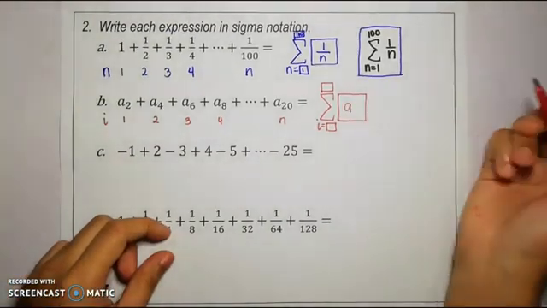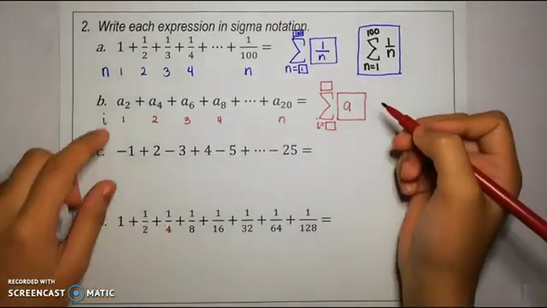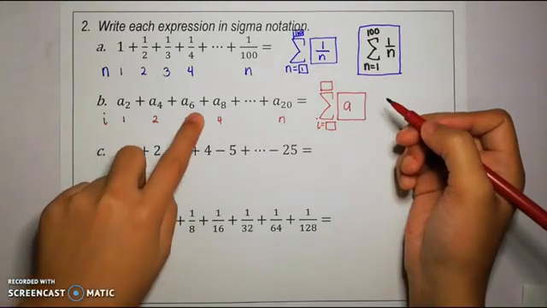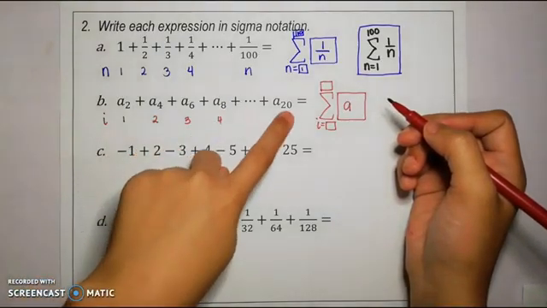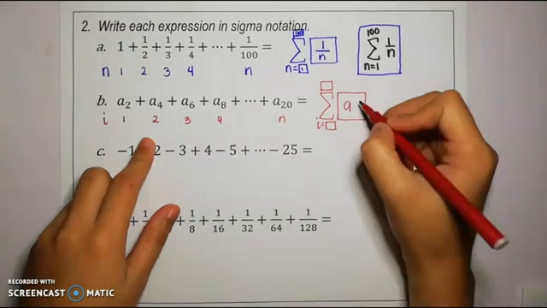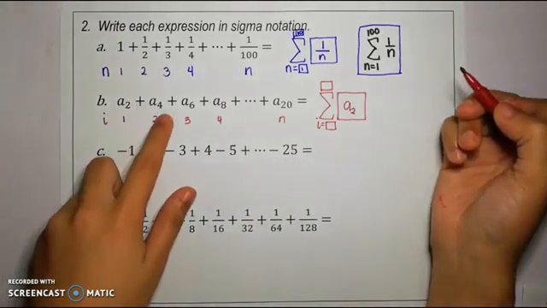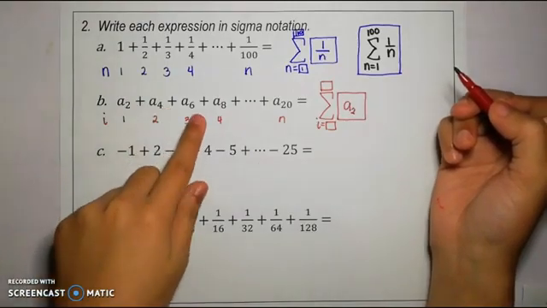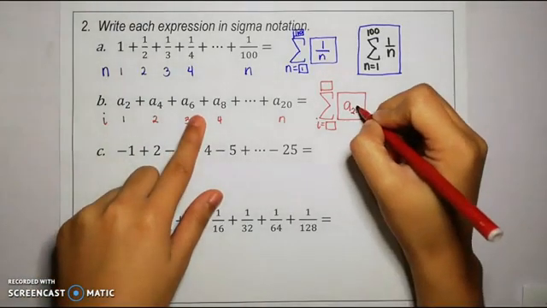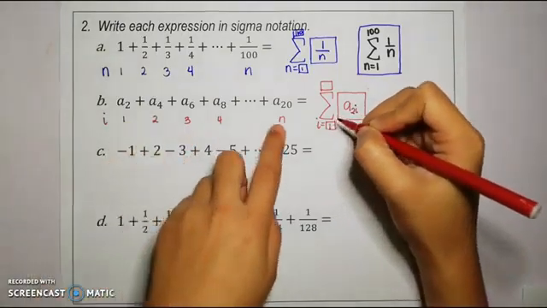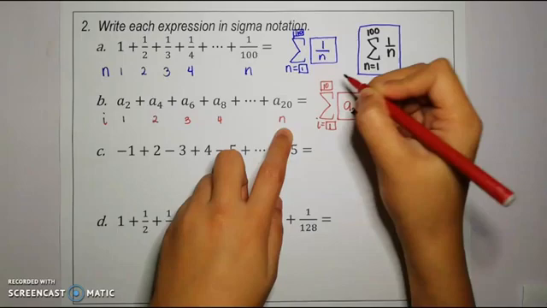All of them start with a, or they have a base of a. And when does it become 3? When does it become 4? When does it become n equals 20? We can see that they are always multiplied by 2 to get the subscript, and then we'll just put i, from 1 until 20 divided by 2, which is 10.